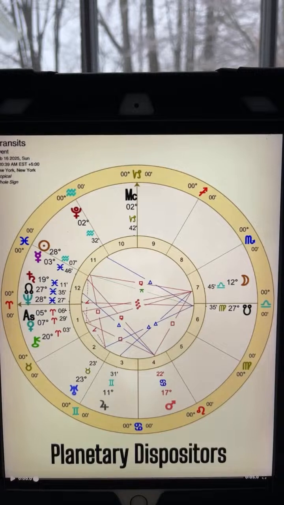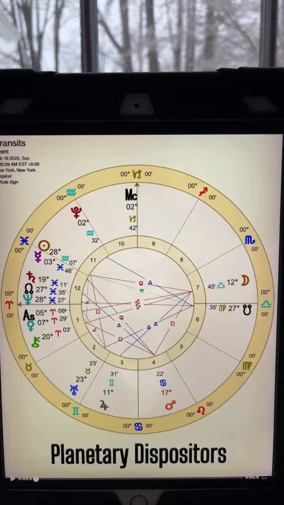Let's take another example. I wanted to do this today because we have some planets going through difficult dignities, and there are different ways to understand that. If you follow astrology, you know that Mars is retrograde right now. Mars is debilitated in Cancer.